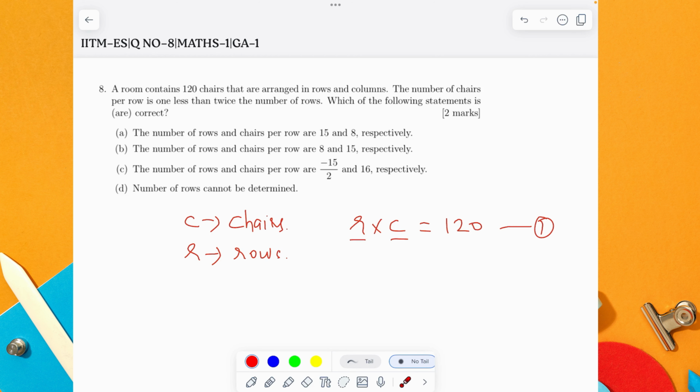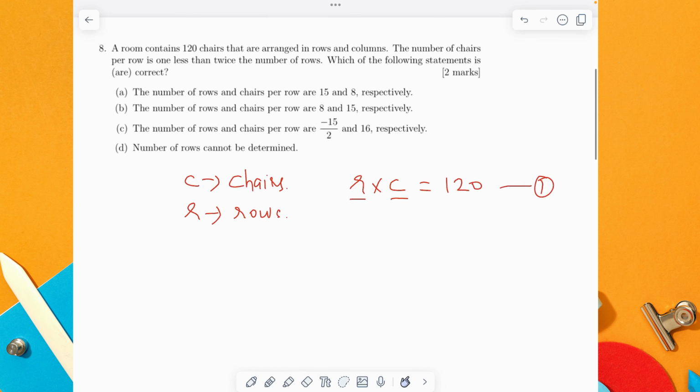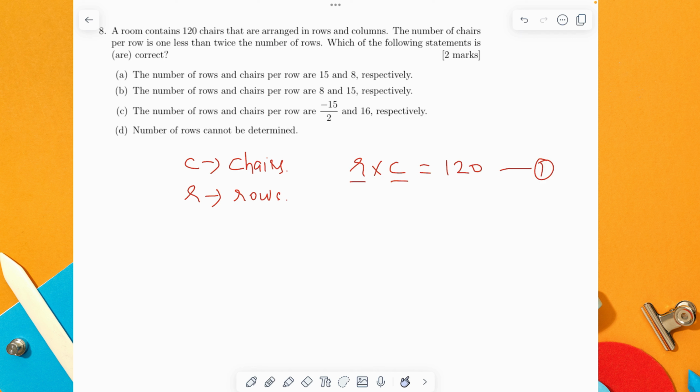Now, moving on further. The number of chairs per row is 1 less than twice the number of rows.